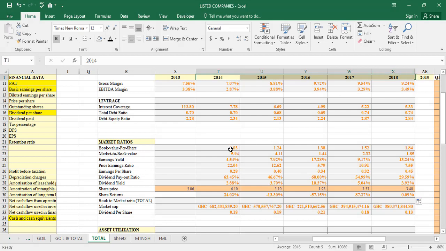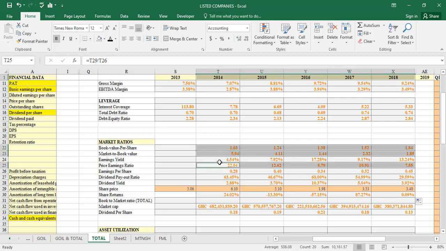So before that, let's look at the book value per share, market to book value, and then add the PE ratio. So these three for now.